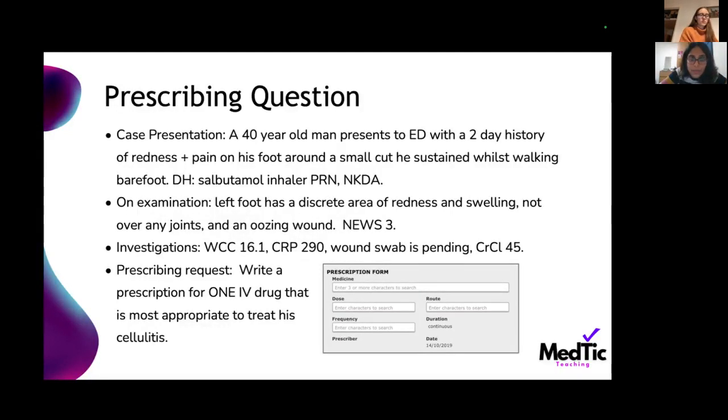Okay, so we've got less than a minute left on this first prescribing question, and we'll move on to the next one very shortly. And if people just write down their answers for each question on paper, when we run through the answers, we will ask you to pop them in the chat.